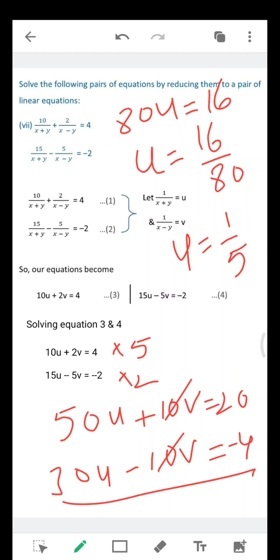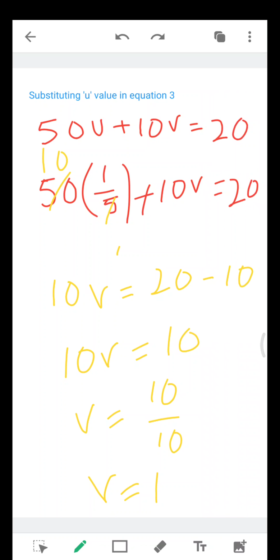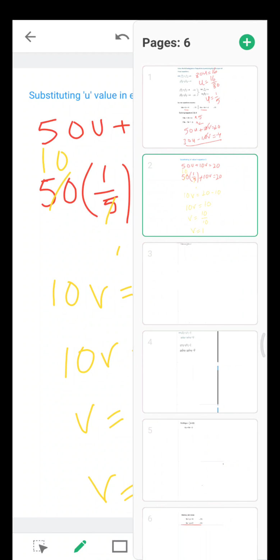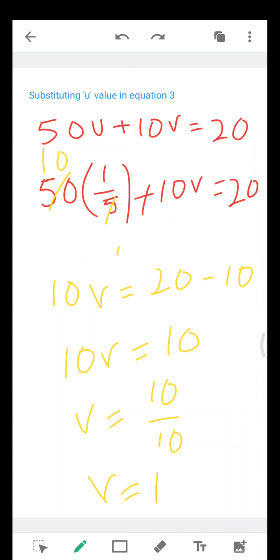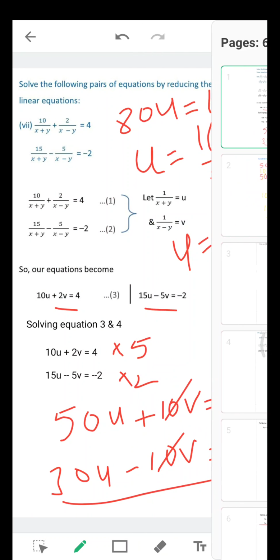Now I need the value of v. For that I'll substitute this u value in any one of the equations, 3 or 4. So I have substituted the u value in equation number 3, which is 50u plus 10v is equal to 20. You can substitute in any of the equations, doesn't matter.